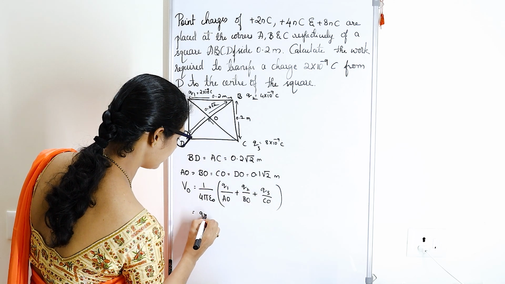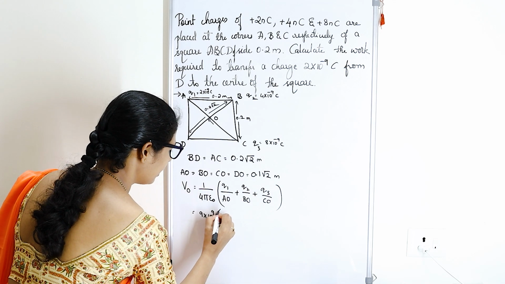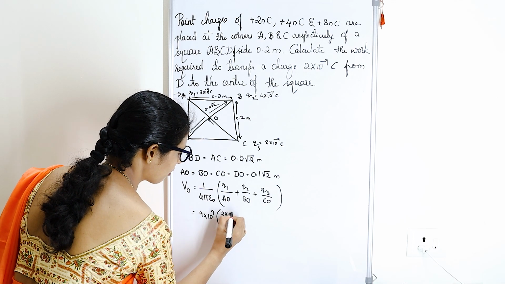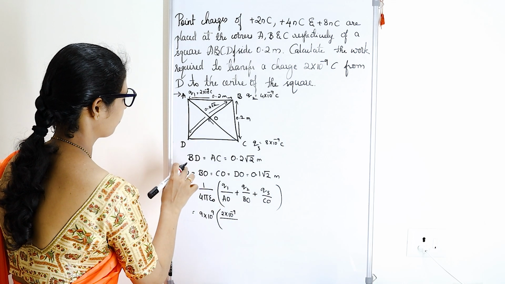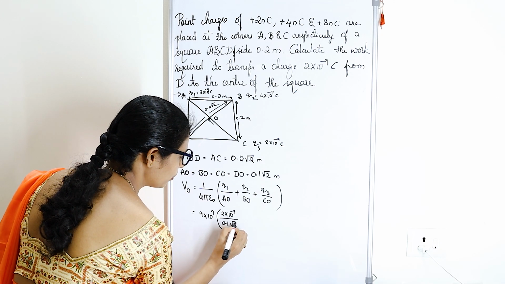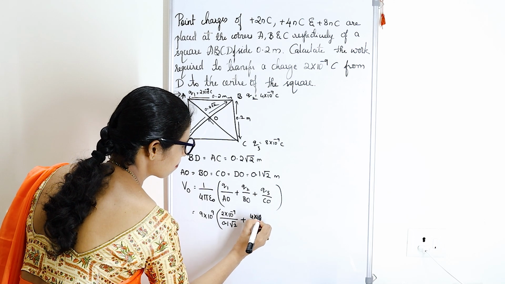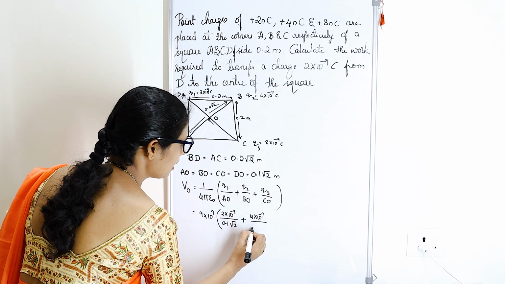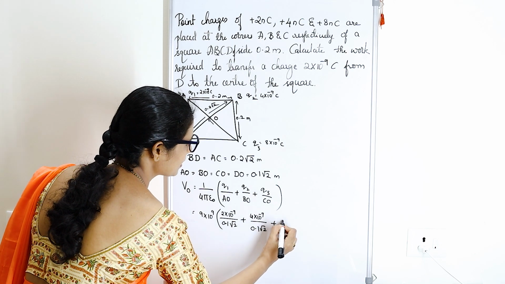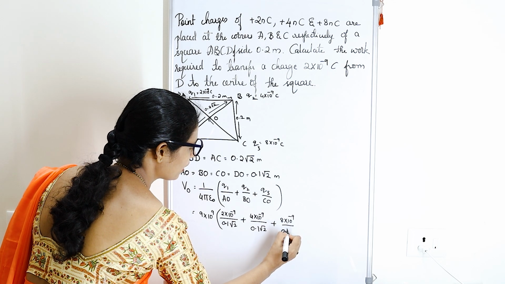So 9 into 10 to the power of 9 is the value for 1 upon 4 pi epsilon naught, into bracket Q1. What is the value for Q1? Q1 is 2 into 10 to the power of minus 9 divided by 0.1 root 2, plus Q2 is 4 into 10 to the power of minus 9 divided by again 0.1 root 2, plus Q3 is 8 into 10 to the power of minus 9 divided by 0.1 root 2.